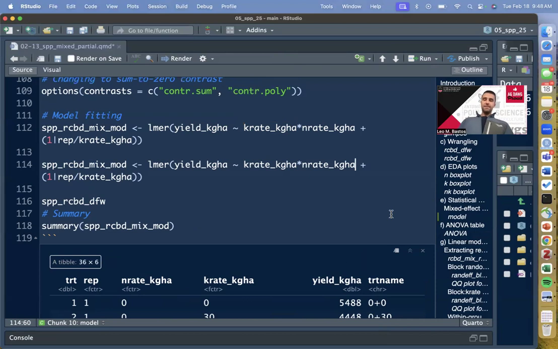Let's say I also had phosphorus, a P rate in kilograms per hectare, in a split plot. So the whole plot is potassium, the split plot is nitrogen, and the split-split plot would be phosphorus. So it would be an even smaller size of experimental unit.